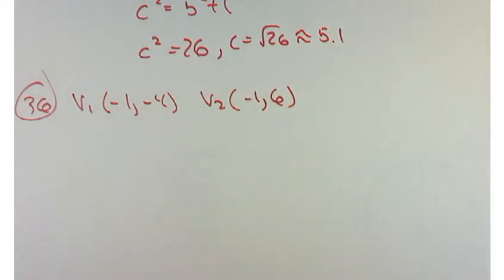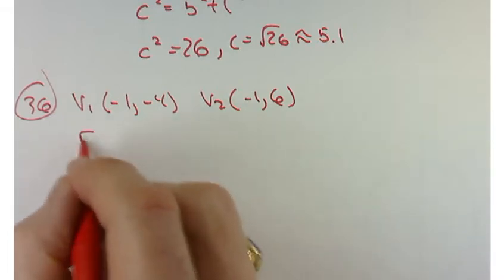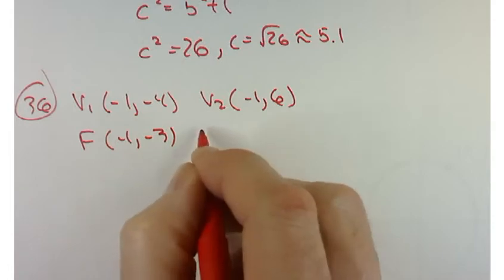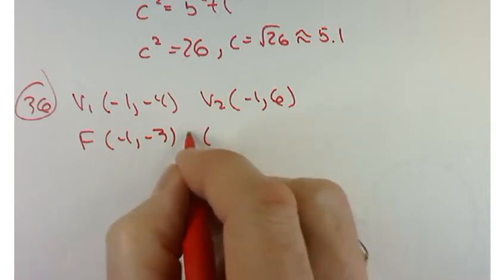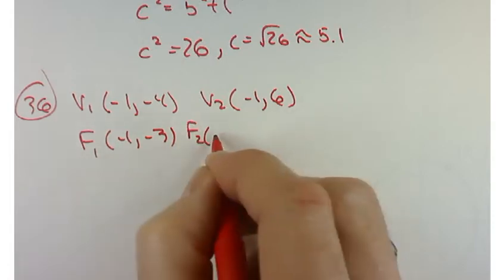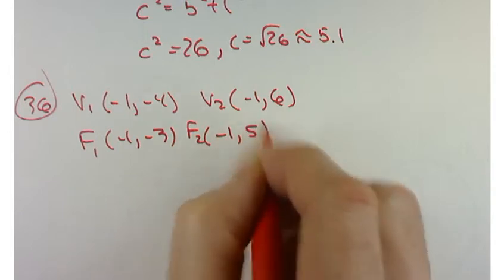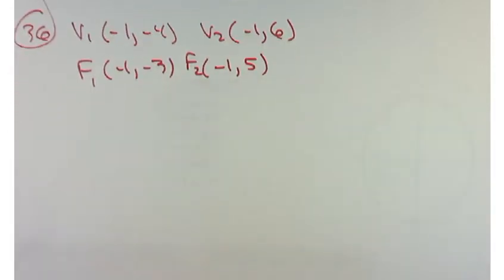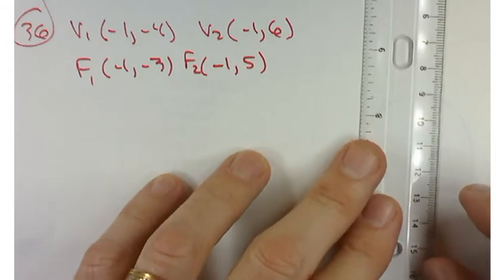Vertices of an ellipse, and the foci of the ellipse: (-1, -3), and the second focus would be (-1, 5). So, okay. Let's graph that. See if we can't determine the equation of this ellipse.